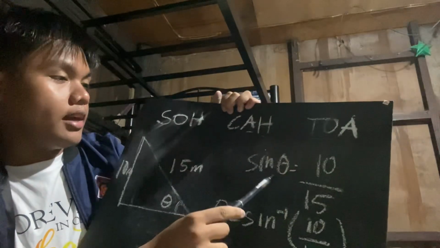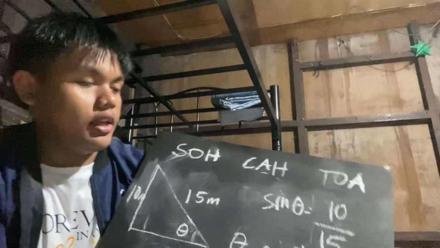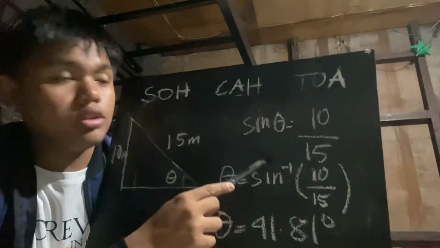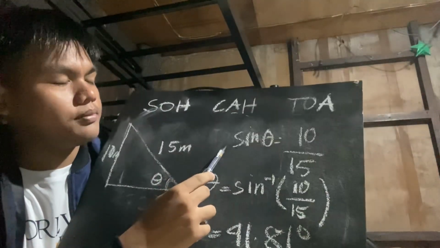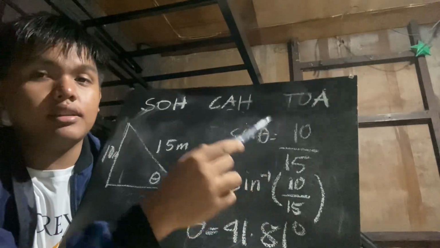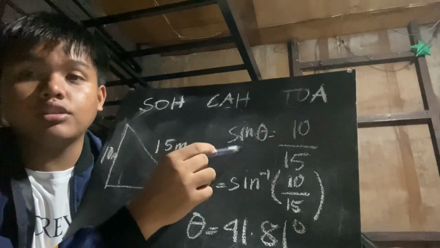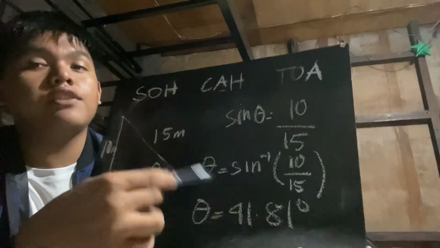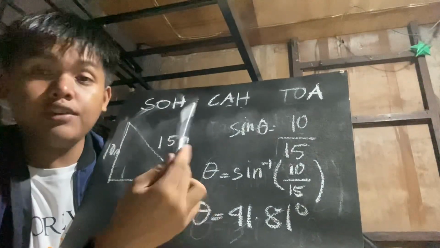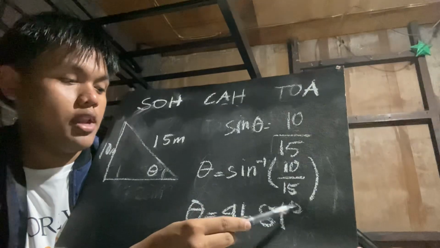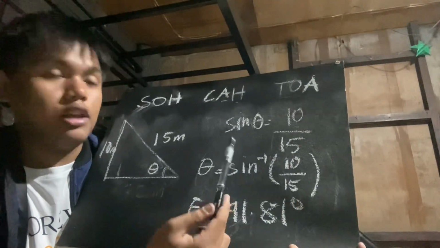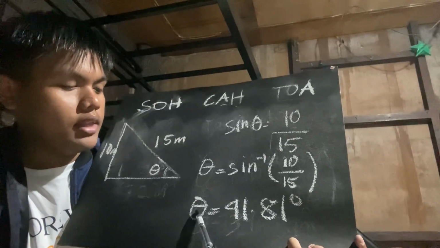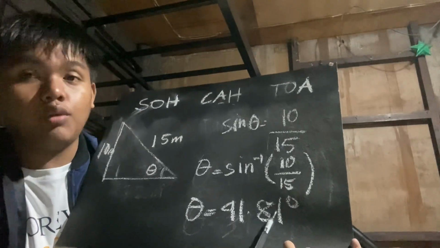So sine theta is equal to 10 over 15, and always remember that if you're finding the angle, don't divide by the sine, cos, or tan, but instead use inverse sine, inverse cos, or inverse tan. So theta is equal to inverse sine times 10 over 15. You calculate it using your calculator, and we will come up with theta equals 41.81 degrees.